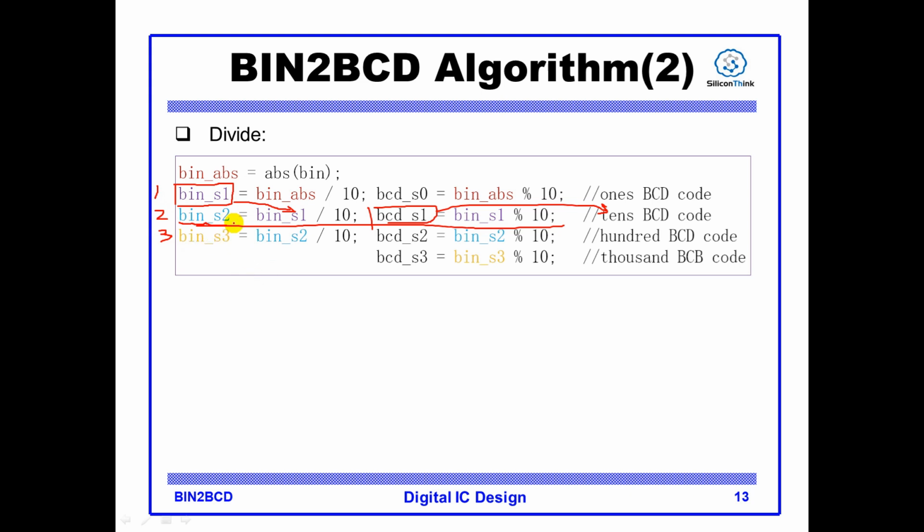Then I will reuse the quotient of the second divider and divide it by 10. So this remainder will be the BCD code for 100.